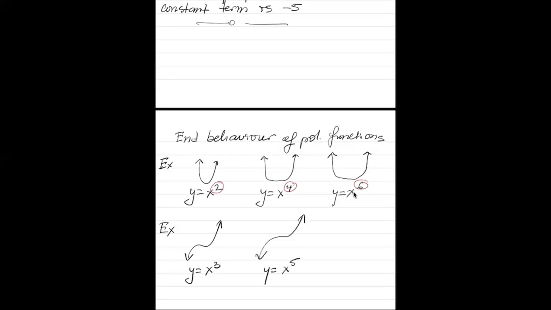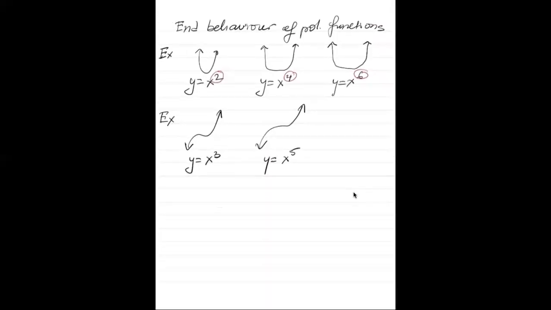So let's summarize this and say that for polynomials, if the degree n is even, we have the situation where both ends are up. And I have a little squiggly curve in the middle because we don't know how much it goes up or down. So in this case, the leading coefficient is positive. Both ends go up.